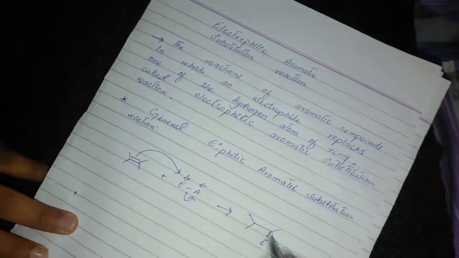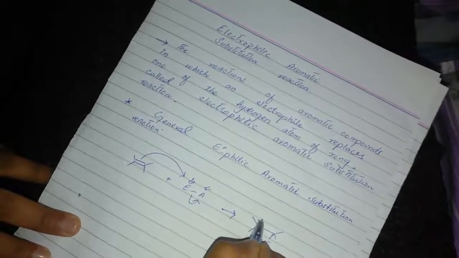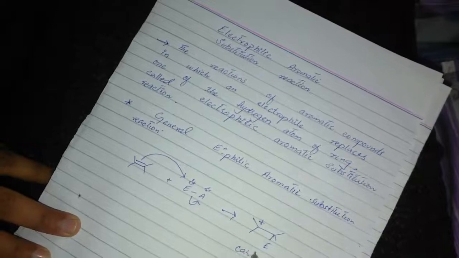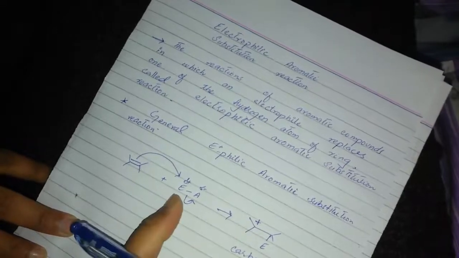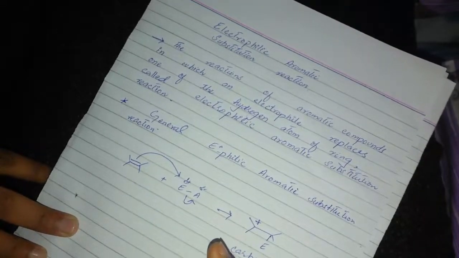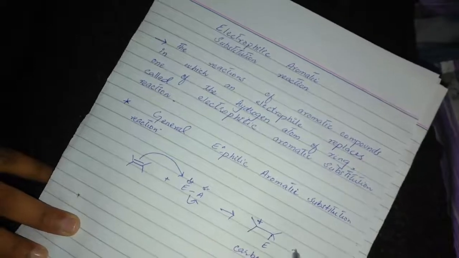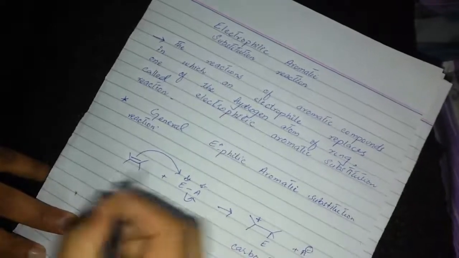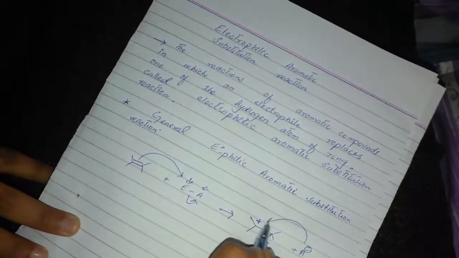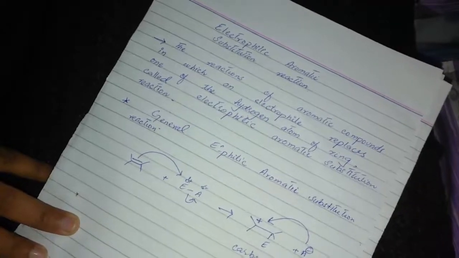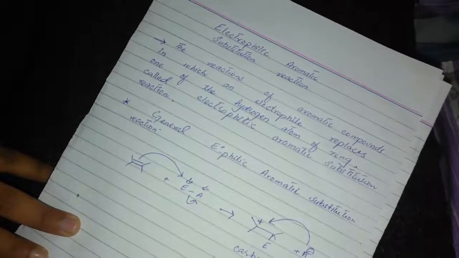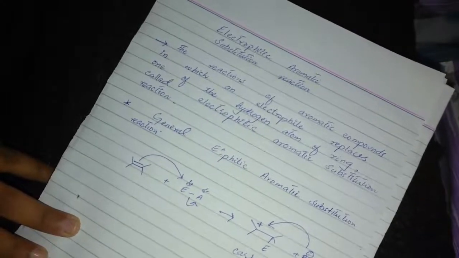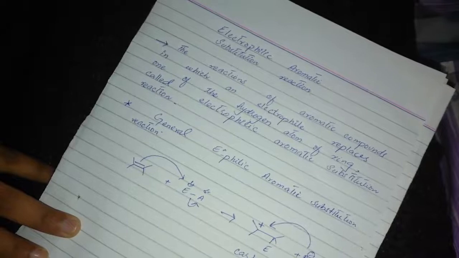Here the electrophile will attach, and here it will form the carbocation. This carbocation is then attacked by the nucleophile, that might be this one. This is an attack over here, and it will then result in the formation of the addition product.